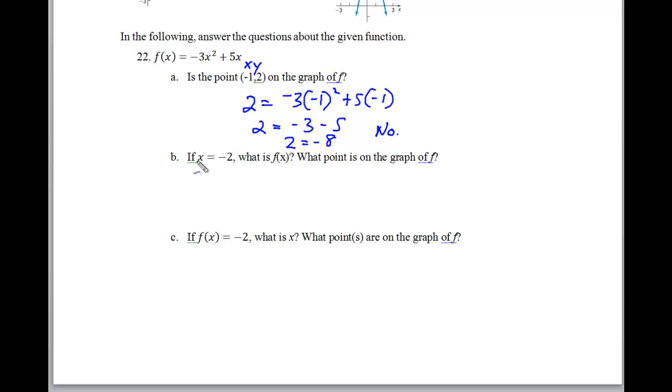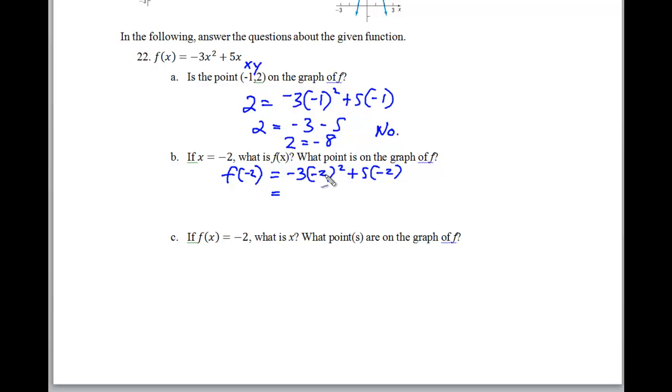All right. Now it says here, if x is equal to -2, what is f of x, and at what point on the graph of f? Well, this is kind of nice since we know that x is -2. What we will do is plug that in for x. So we're going to have our f of -2. And this is going to be -3 times -2 quantity squared plus 5 times -2. This is going to give me -2 squared, which is 4.